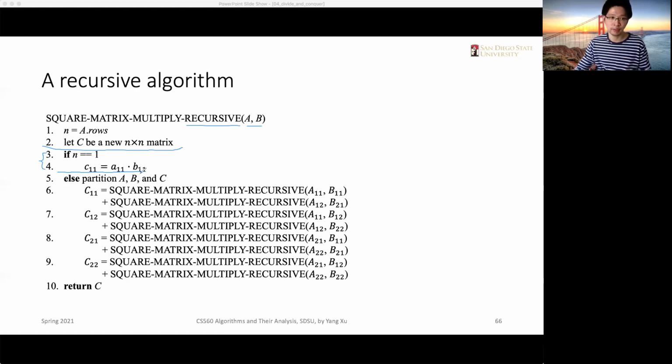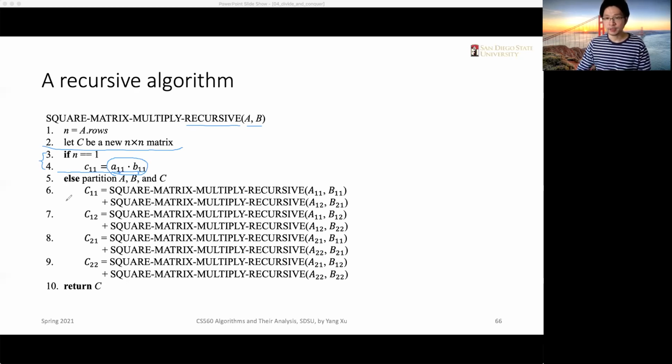So we will simply return the results by computing C11 as the product between the two numbers, because there's only one number in each matrix.